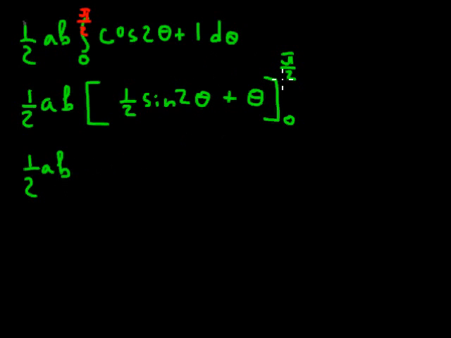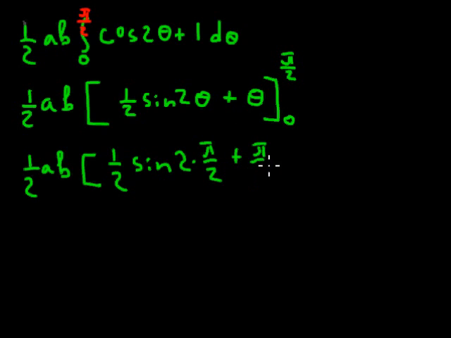So we first do our upper limit. It's 1/2 sine of 2 times pi over 2 plus pi over 2.